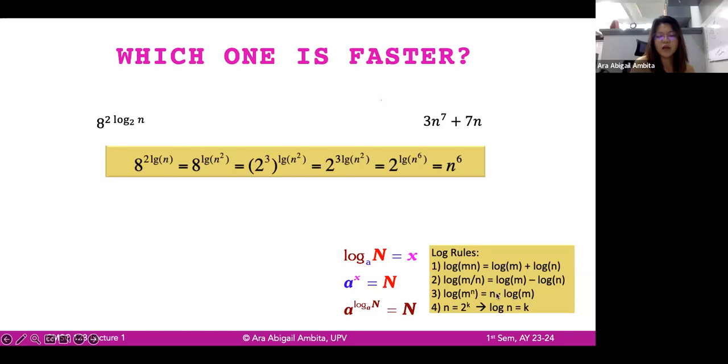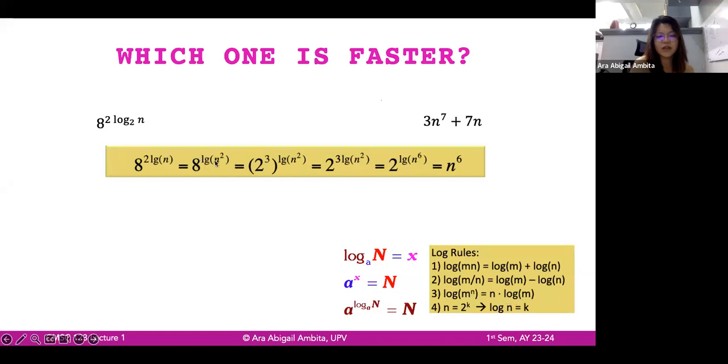But we can also use it the other way around. If you have n times log of m, that can be equivalent to log of m raised to n. So essentially what we did here is we used this rule of logarithm.